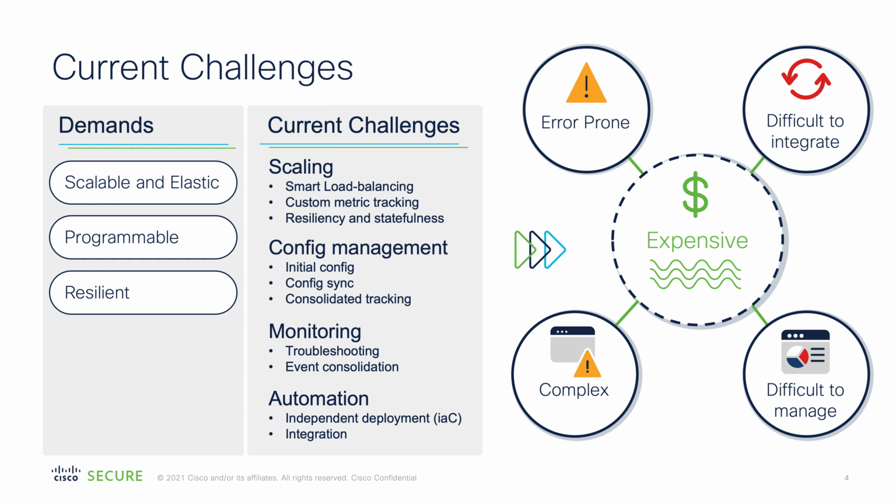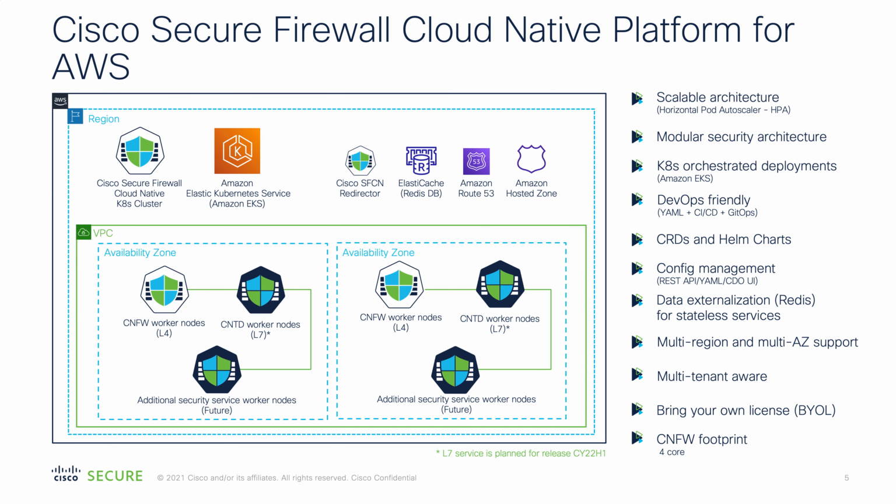With Cisco Secure Firewall, we have addressed all these options. So our solution is scalable, elastic, programmable, and resilient. I'll talk about our architecture at a very high level on this particular slide. Cisco Secure Firewall Cloud Native is also known as SFCN.